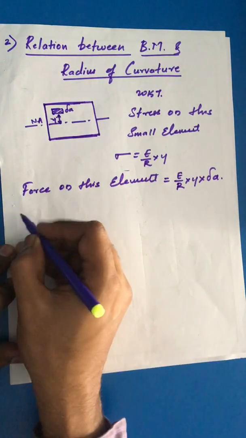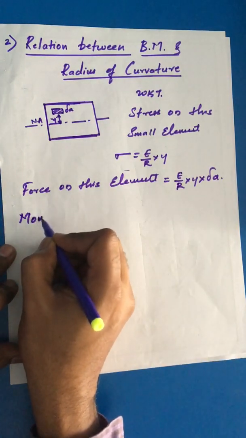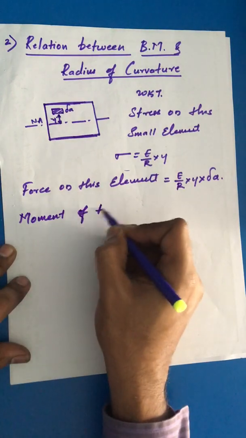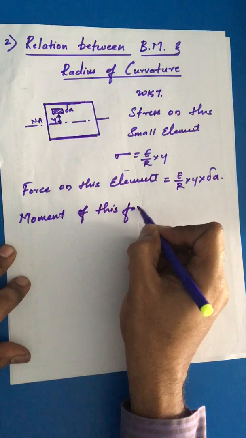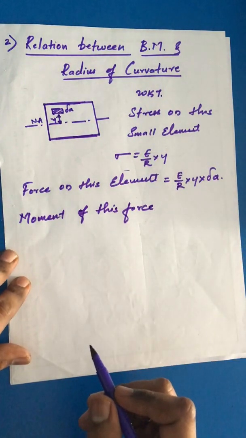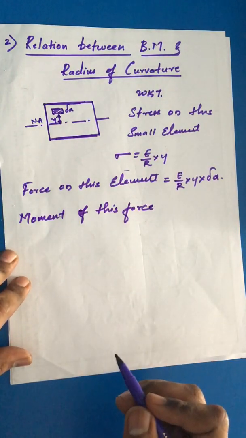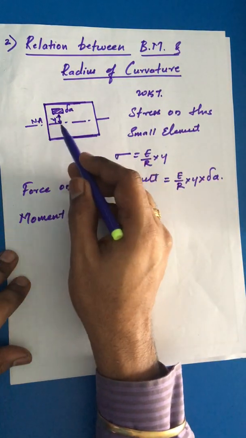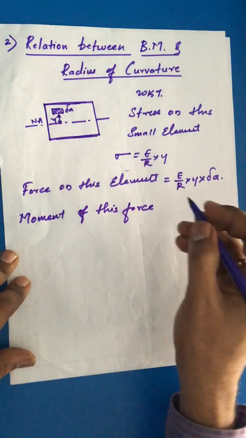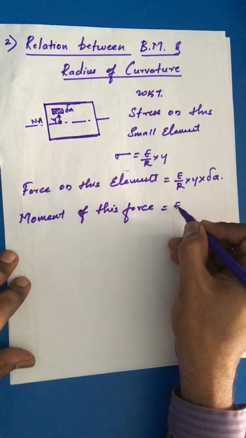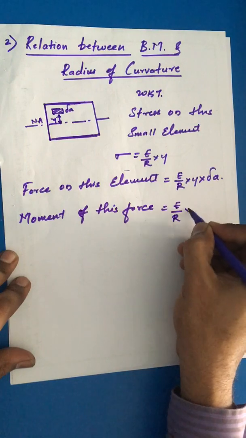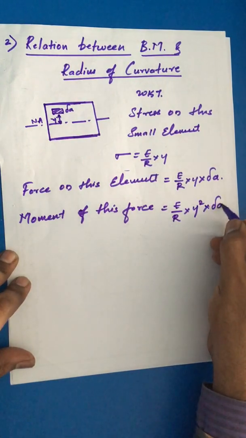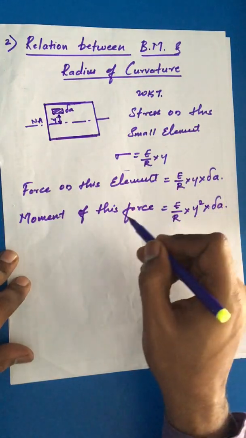Now, similarly, the moment of this force will be equal to the force into the perpendicular distance, and we know that the perpendicular distance from the neutral axis is y, and hence this moment becomes E by R into y square into delta A. This extra y is due to this distance.